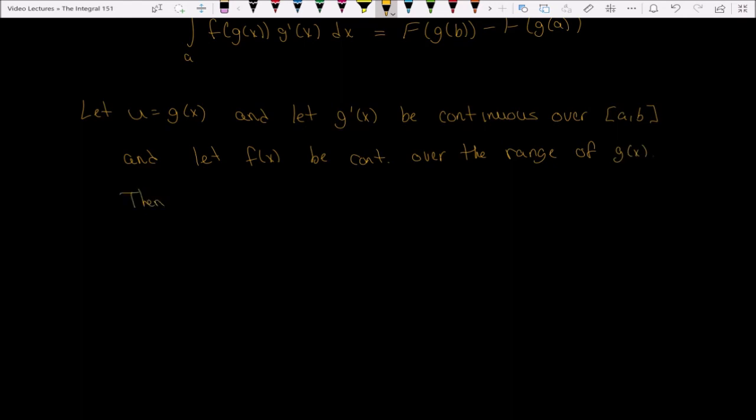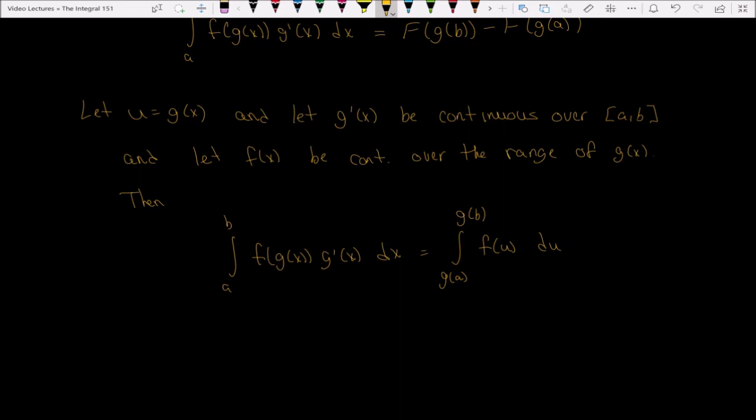Then the integral from a to b, f of g of x times g prime of x is equal to the integral from g of a to g of b f of u du.